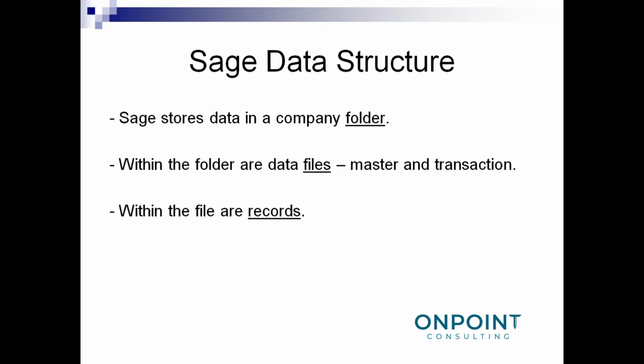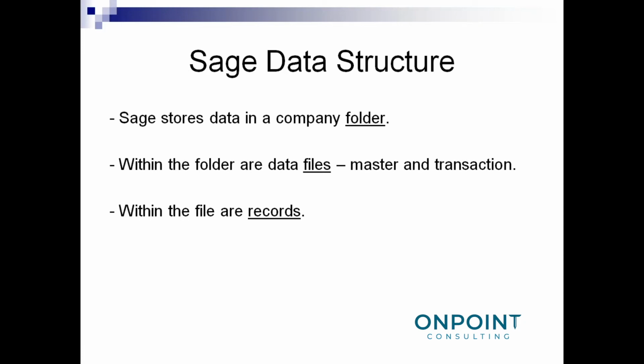We're looking at new, which is the unposted transactions, current, which are the posted, and history, which are the archived. Basically, you're able to report on any transactions that you have entered into Sage using any of those 3 files.